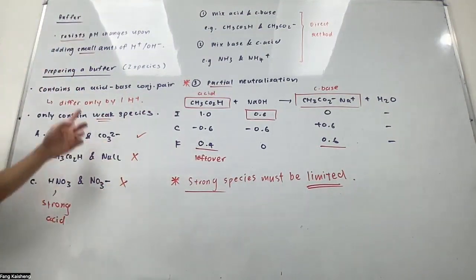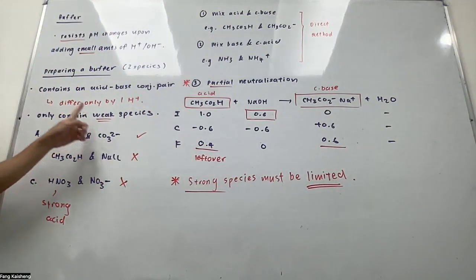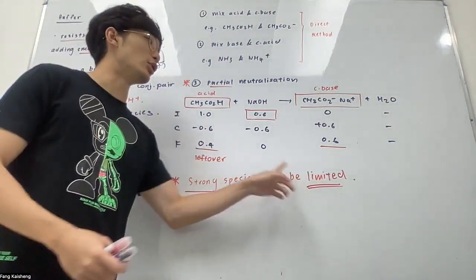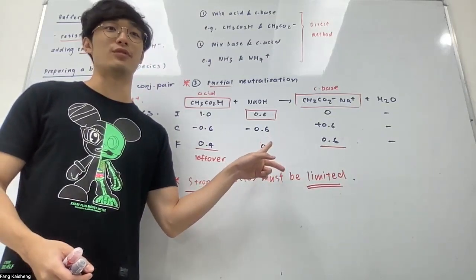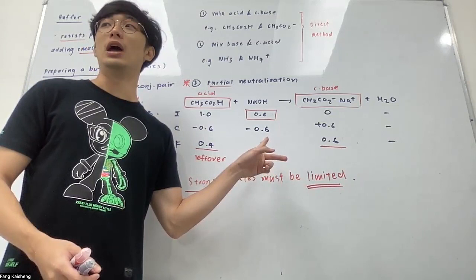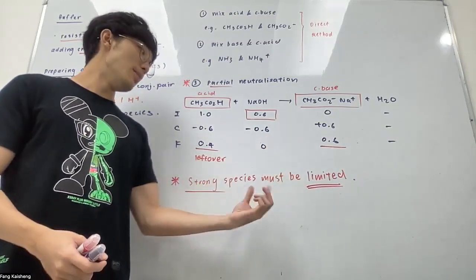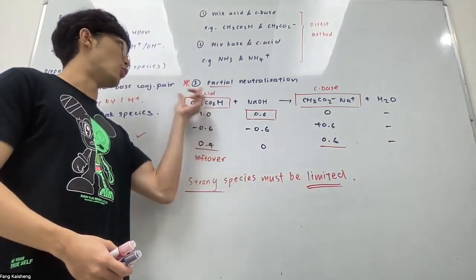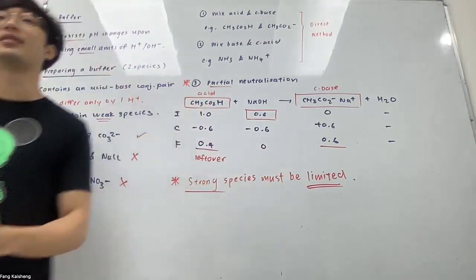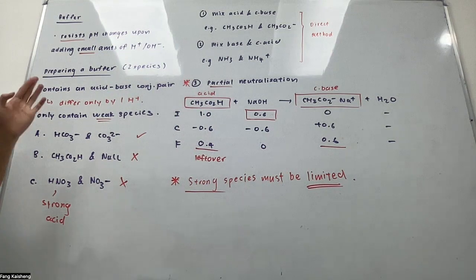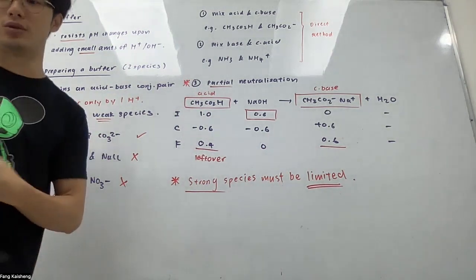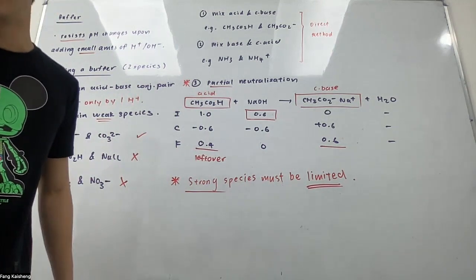No. I do not want any strong species. So you have to make sure it's limited so that it reaches 0 at the end of the day. You cannot have anything strong, if not the buffer doesn't work. Limit your strong species, the weak species is in excess. Just remember that. Can you see that? Okay, so there will be an exercise on the next page to understand this a bit better.